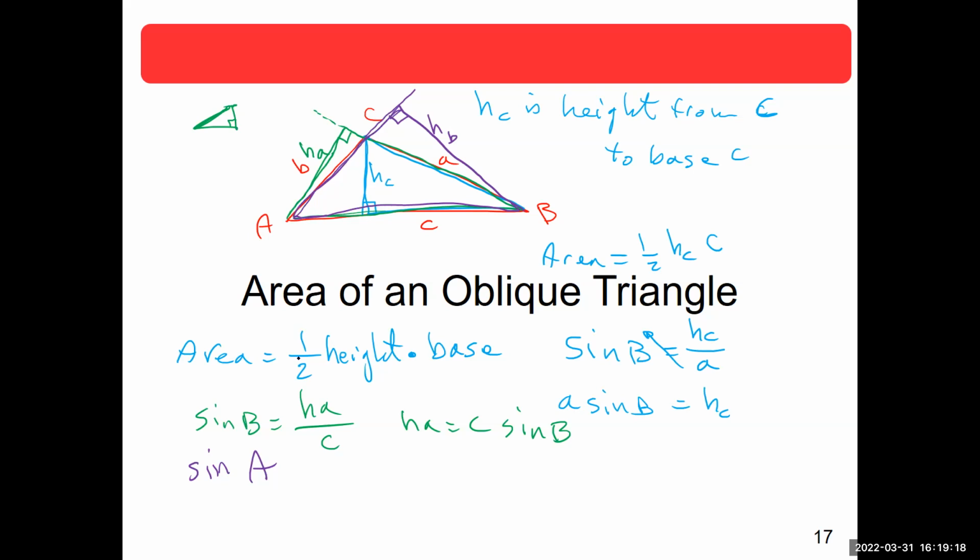So this is the A. That's equal to HB over what is the hypotenuse here? Still C. You're right, because this is the inclined edge. So then HB equals C sine of A.